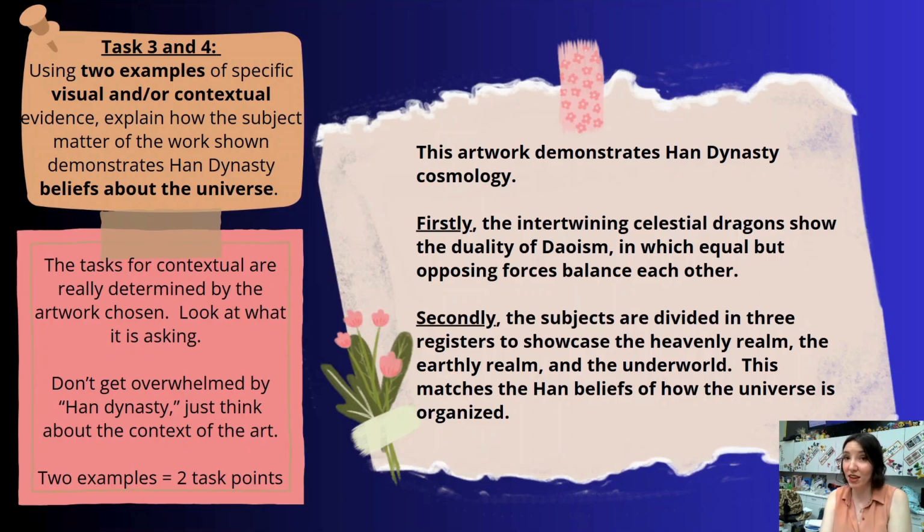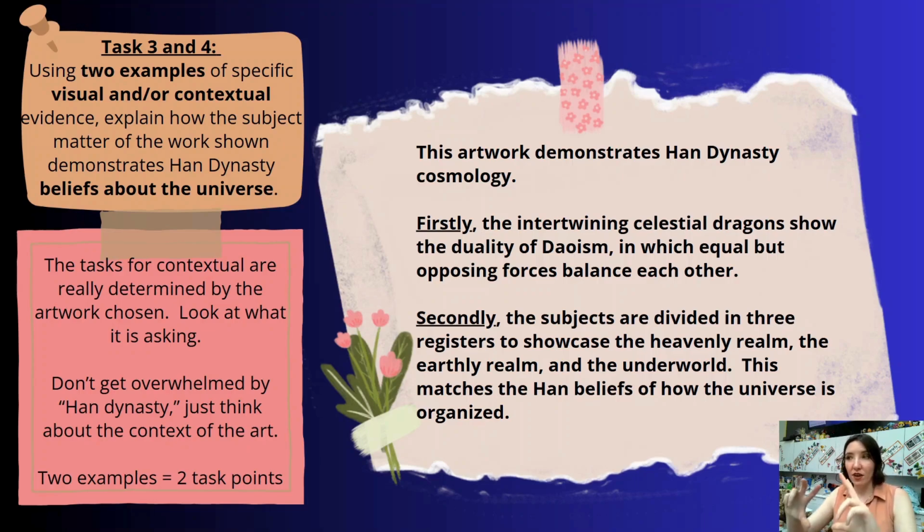Sometimes it's probably just going to be contextual, so pay attention. You don't want to talk about color if it's not about the context. And then, like I said before, don't get overwhelmed by the sprinkled-in extra pretty words like Han Dynasty. It's talking about beliefs about the universe. Focus on that. And then because it's 2 examples, that's 2 points.